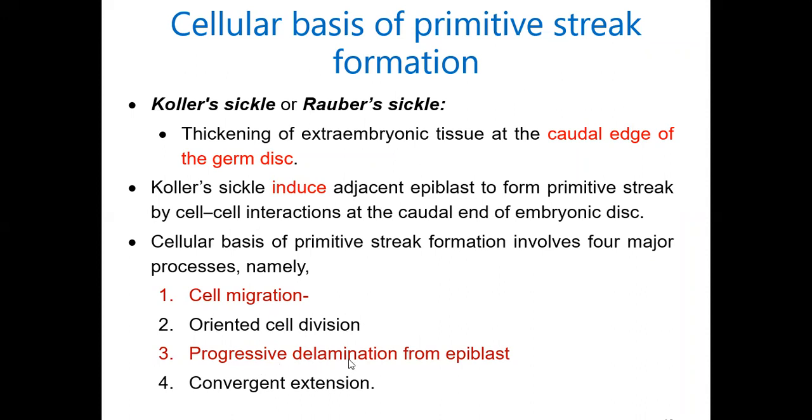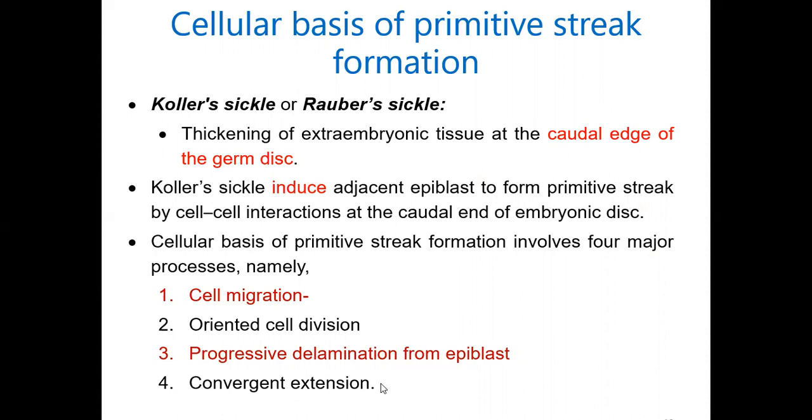There is progressive delamination from the epiblast. Unless they delaminate, they will not be able to migrate. And then there is convergent extension because it has to extend mid-sagittally and craniocaudally only, and it occupies only half of the embryo.